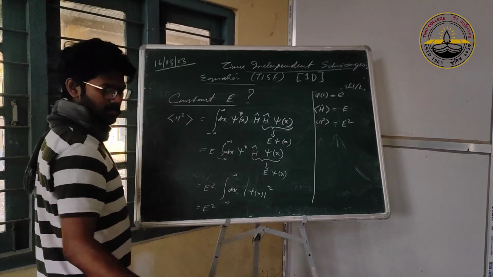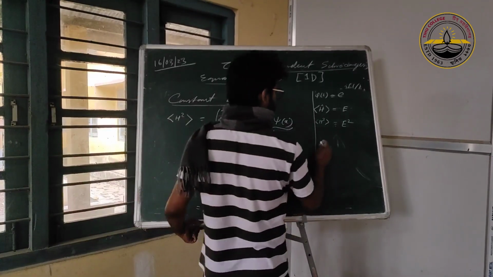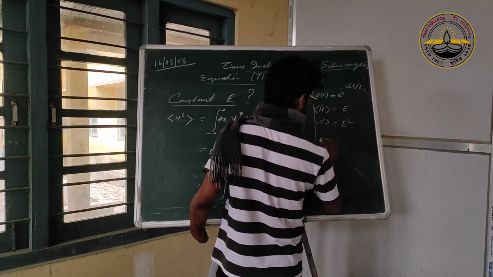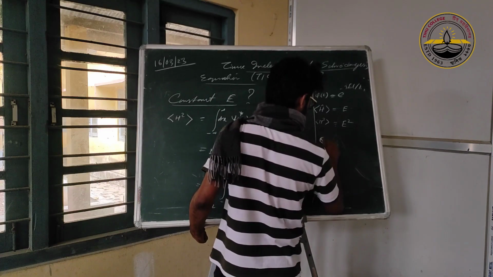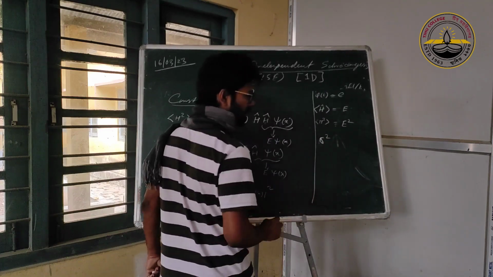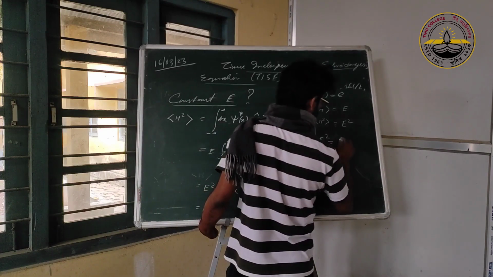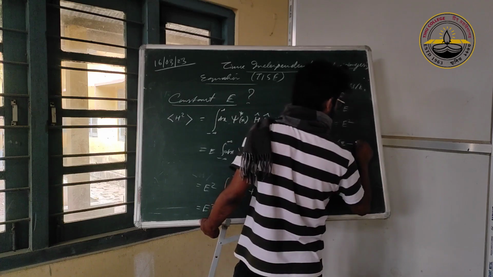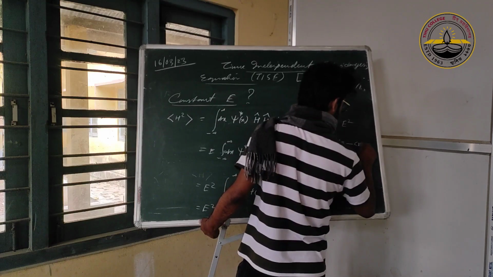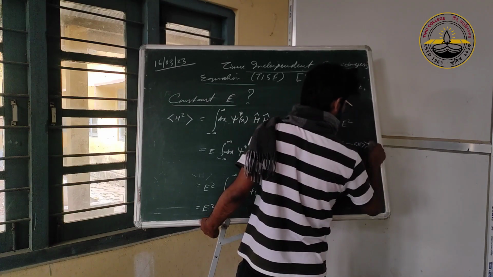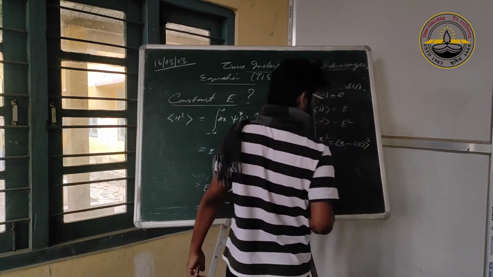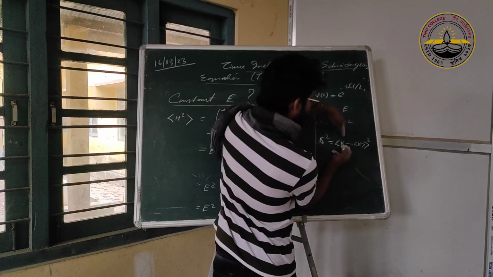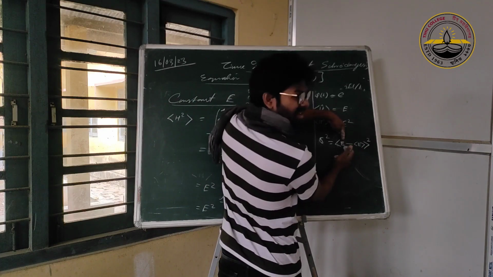Now, what does that mean? If we calculate the variance, given by sigma square, it is the expectation value of the deviation from your mean.